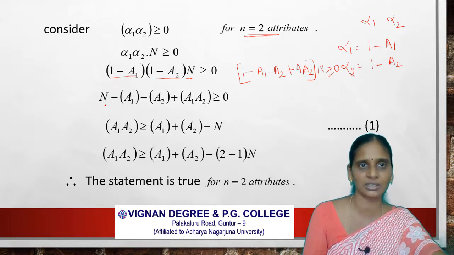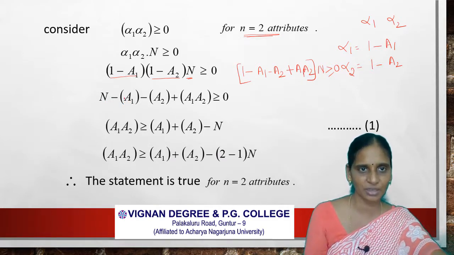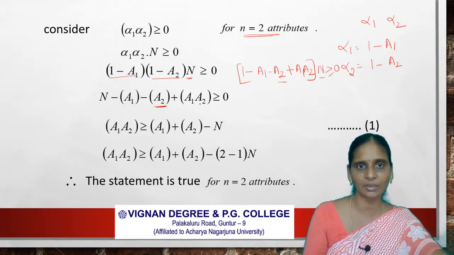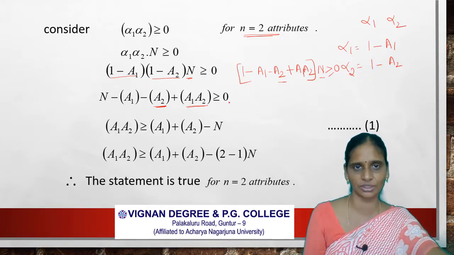Here we get the relation n minus a1 into n, which means frequency of a1, a2 into n means frequency of a2, plus a1 a2 into n means frequency of a1 a2. So this expression is also greater than or equal to 0.